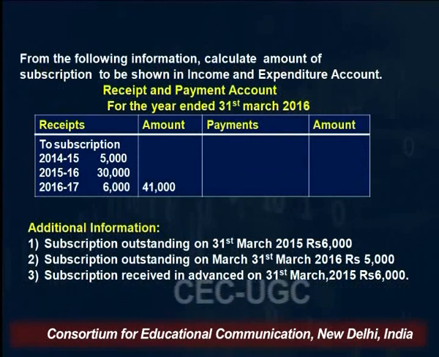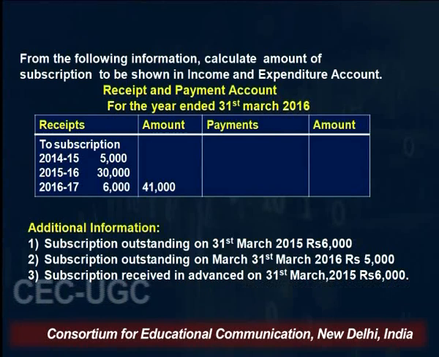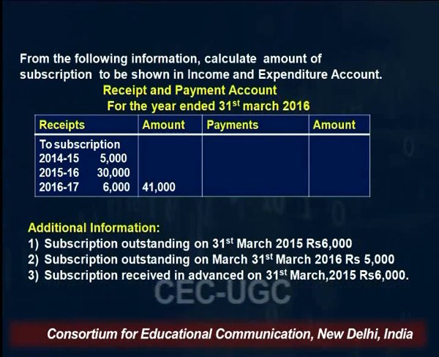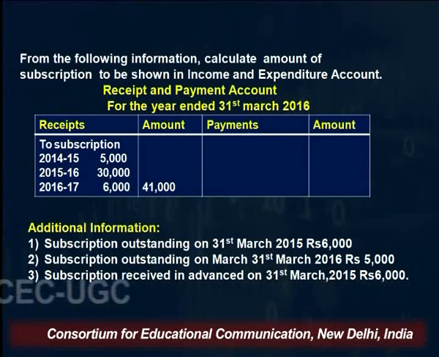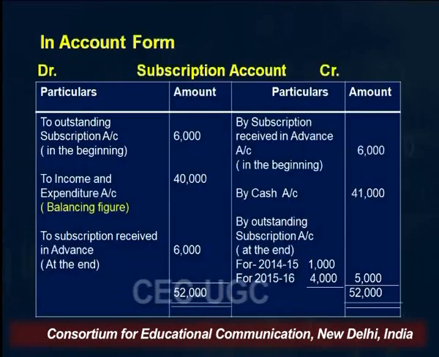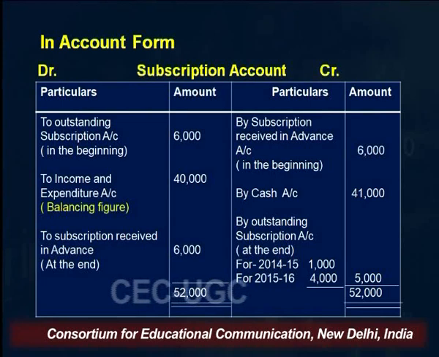Any subscription which is outstanding at the end of the previous year is the subscription outstanding in the beginning of the current year, 2016. So outstanding subscription in the beginning is 6,000. It is an asset. It is shown on the debit side. Subscription received in advance in the beginning is given in the question as 6,000.